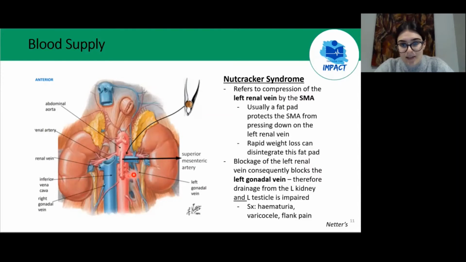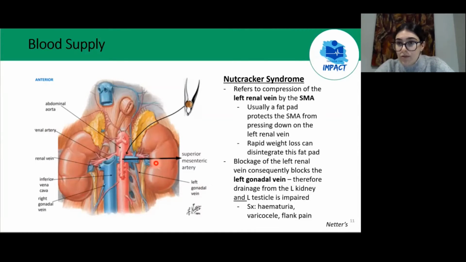So when we're compressing that left renal vein, two main things happen. First of all, we're blocking the venous drainage of that left kidney, and that can lead to things like hematuria, or blood in the urine. The other thing that's important to know is that this left gonadal vein, which supplies the testicles, also branches off this left renal vein.